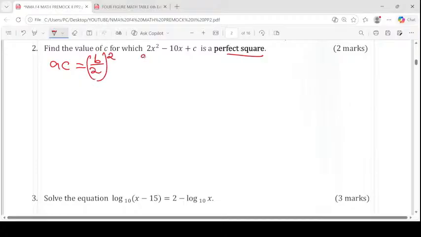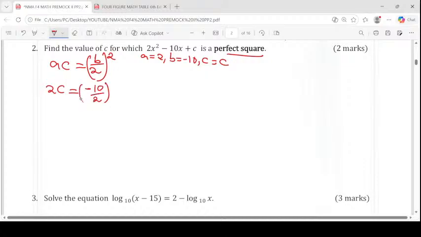Our A here is 2, our B is negative 10, and the constant is just C. So A times C, meaning 2 times C, becomes 2C, is equal to B, which is negative 10.